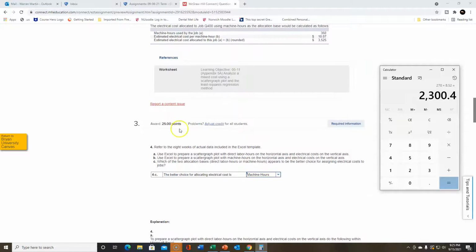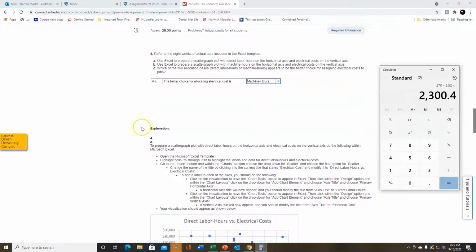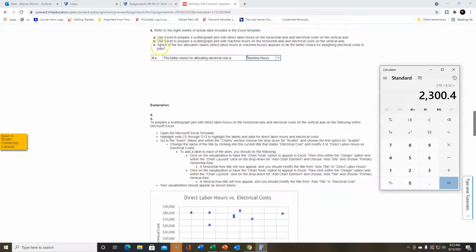And down to part 3 here, this is where you can do the scatter graph. Again, pause the video, look over it, and compare it as you work along in your own student, depending on if you can open two windows or not.